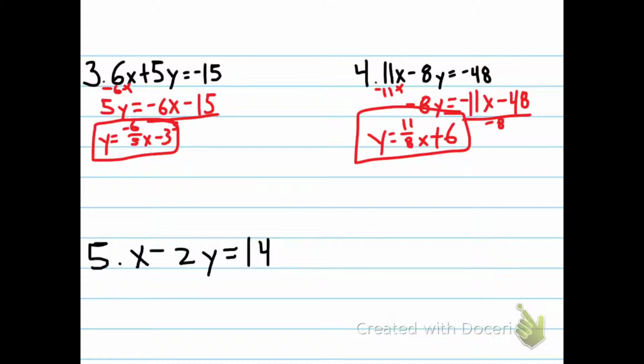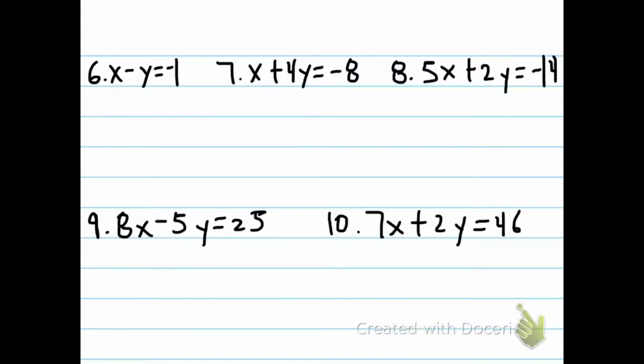And for our last example problem, we're going to subtract x. So we're left with negative 2y equals negative x plus 14. Divide everything by a negative 2. So we're left with y equals a half x minus 7.